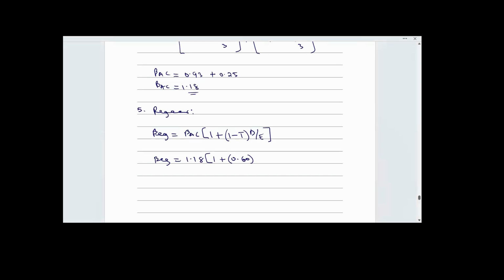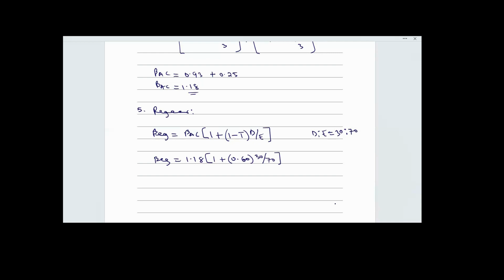So the debt equity ratio of the company is equal to debt 30, then equity 70. So here will be 30 divided by 70.